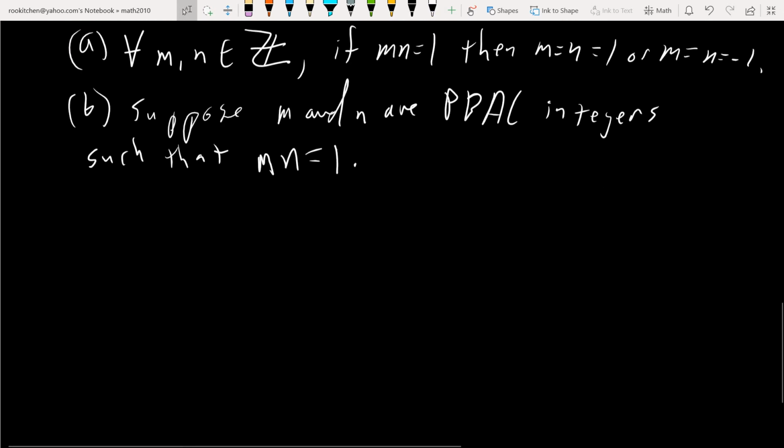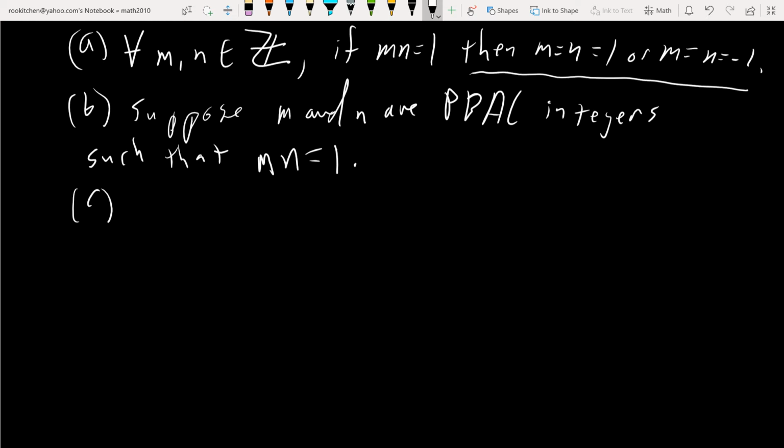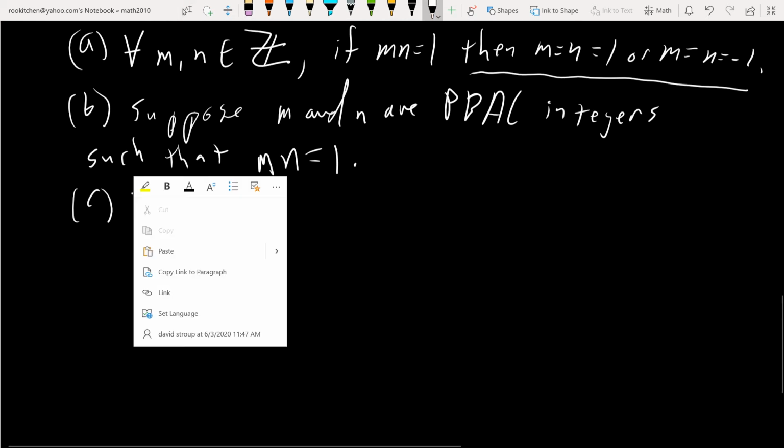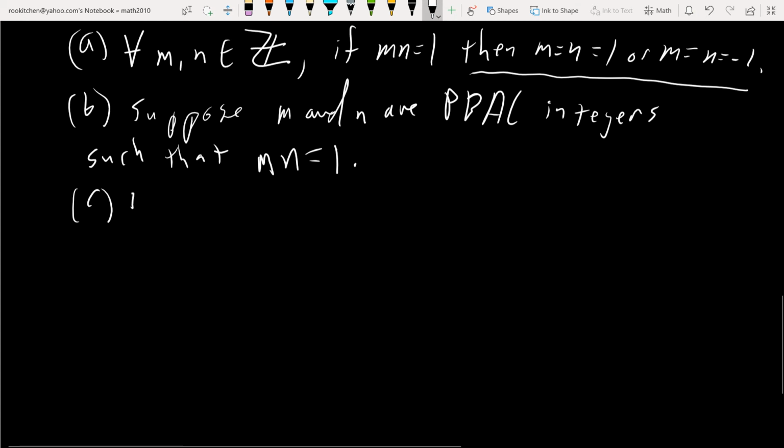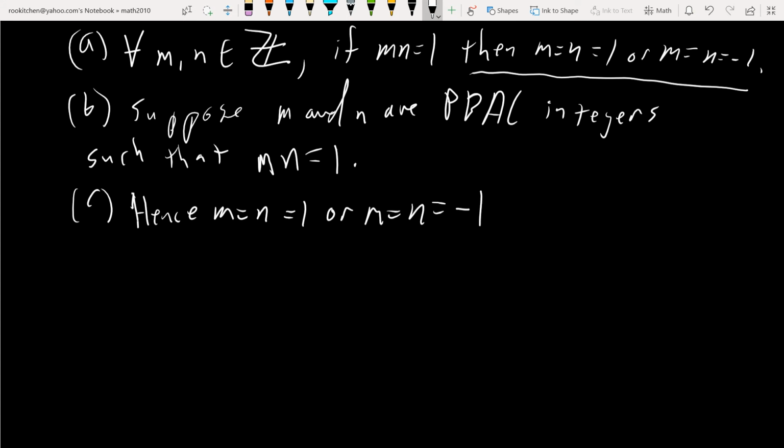There's our supposition, and then our conclusion is the then part. So our conclusion will be, hence m equals n equals 1, or m equals n equals negative 1. So this part right here.